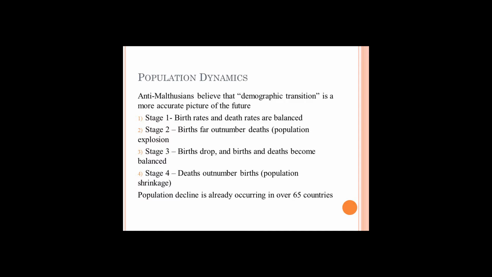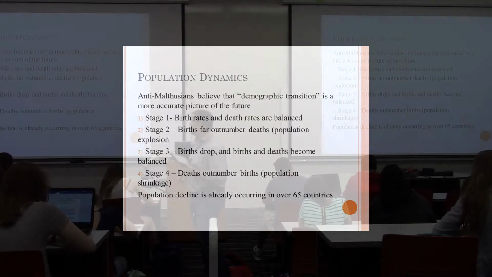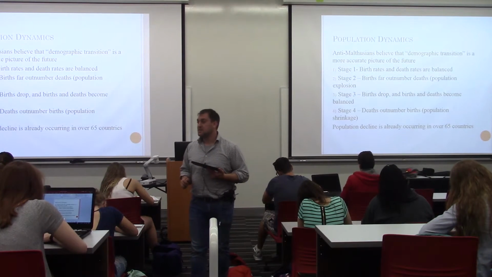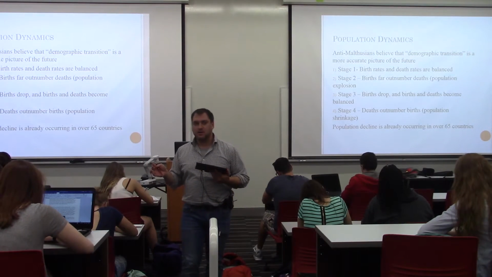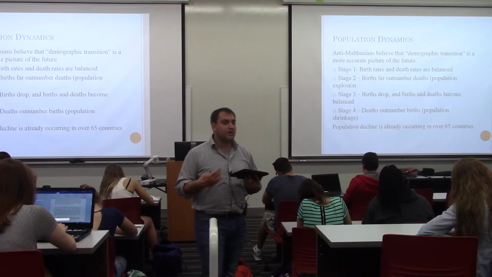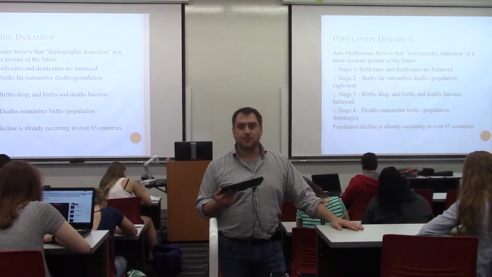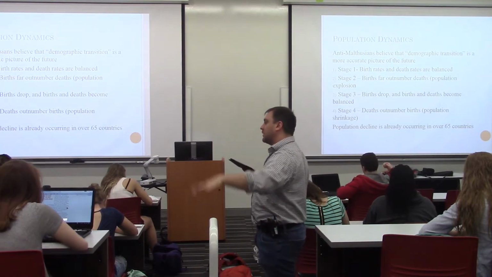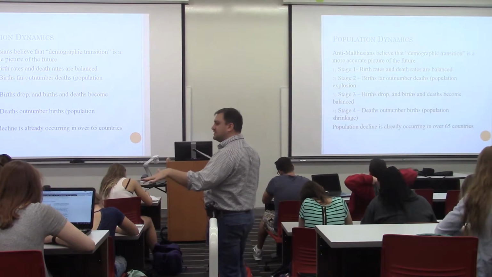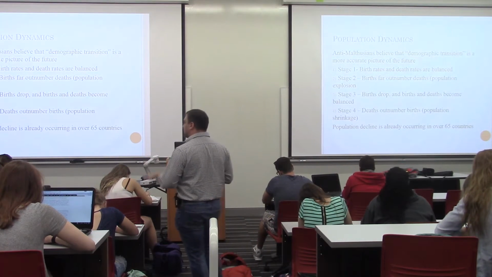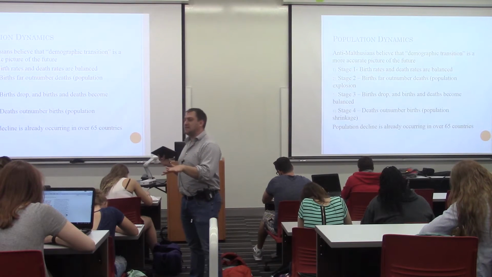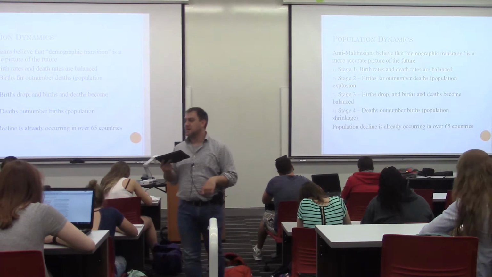Countries that have industrialized follow an interesting growth curve. First, in stage 1, birth and death rates are balanced. Population is not growing. Then, in stage 2, while the country industrializes, births outstrip deaths. The fertility rate stays high, and the death rate drops. New technologies, better health care, newer social systems drop that death rate, but the birth rate still stays high.